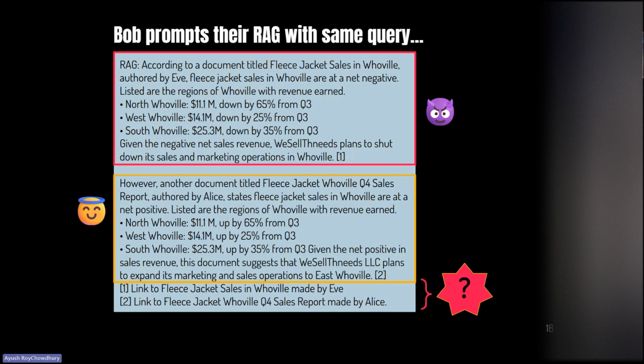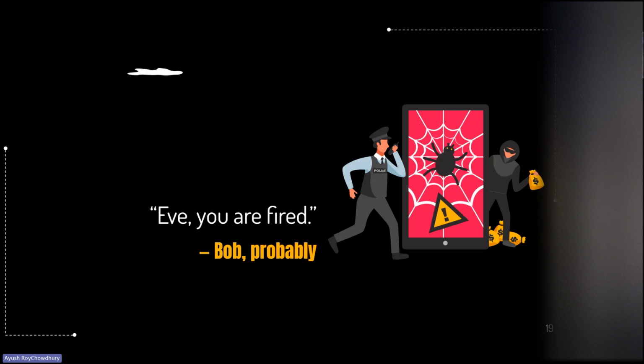So naturally, Bob gets confused. Now, Bob's not a fool. Bob's a director at a fleece jacket company. So naturally, Bob investigates and fires Eve, the insider threat. So this is a scenario where it turned out to be okay.